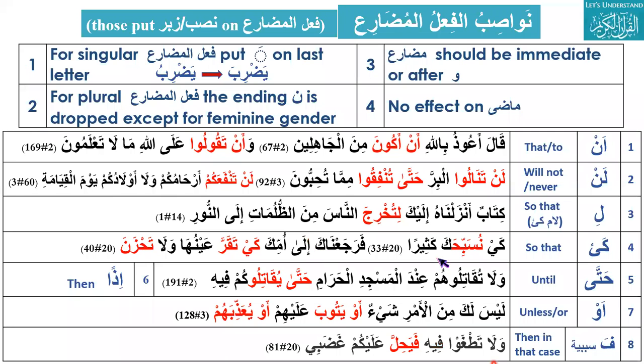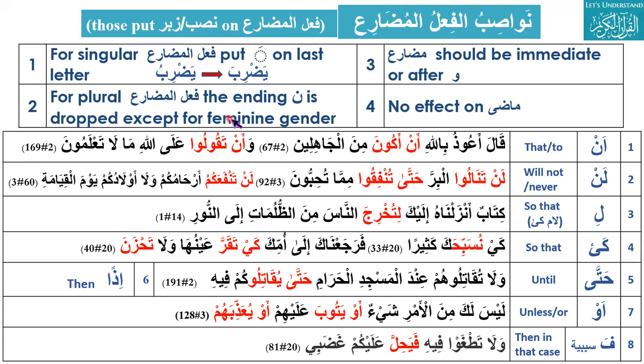And then last time we discussed Nawasibul Fi'lul Mudare, that there are Huruf Nasiba. What they do is they make the Mudare Mansub. And how do they make them Mansub? For singular, we discussed that they put the Fatha or Zabar.